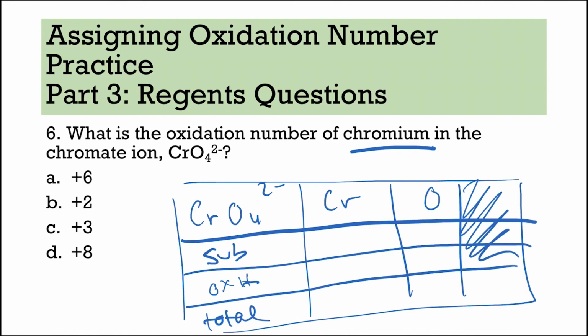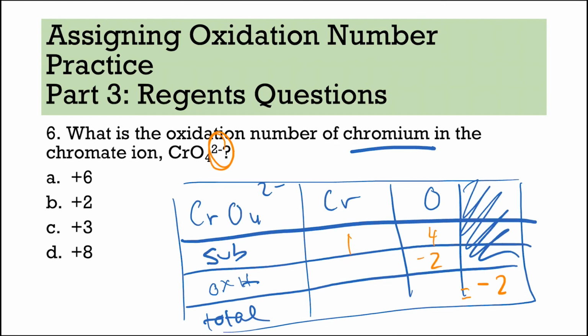Here, the most important thing is that the total is going to equal negative 2 because we're dealing with this polyatomic ion. So we have 1 chromium and 4 oxygens. If you look at the periodic table, chromium has a bunch of different possibilities, so let's save that one for last.